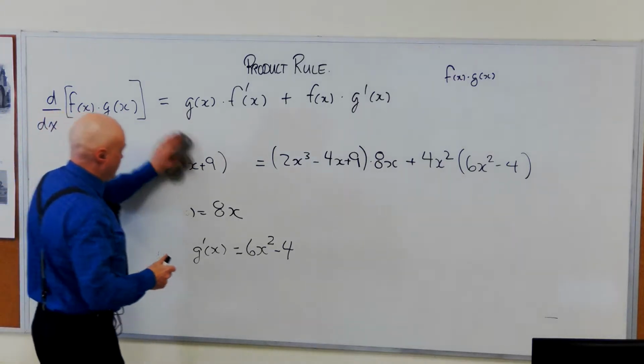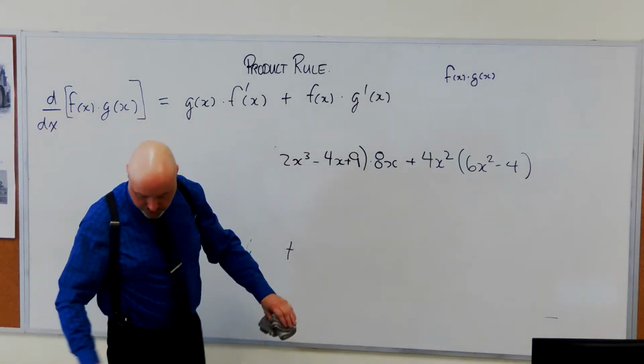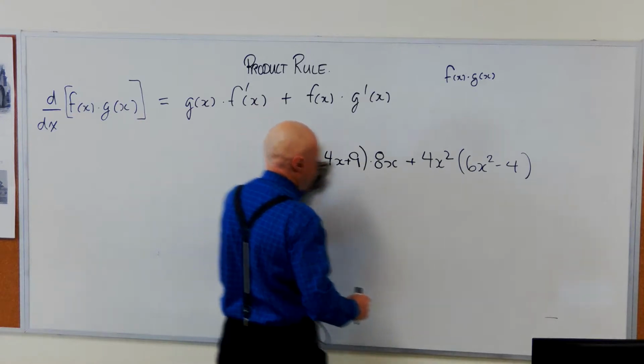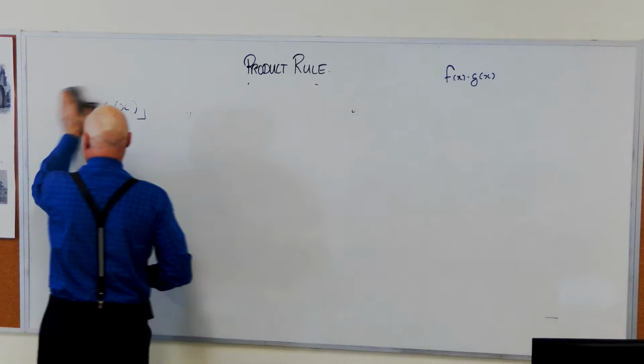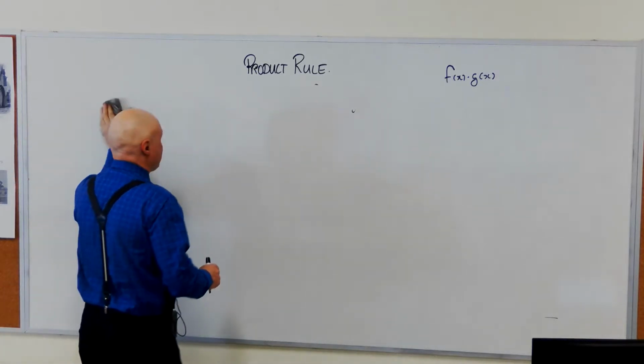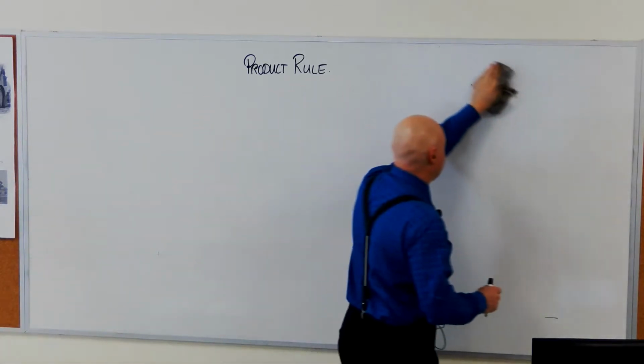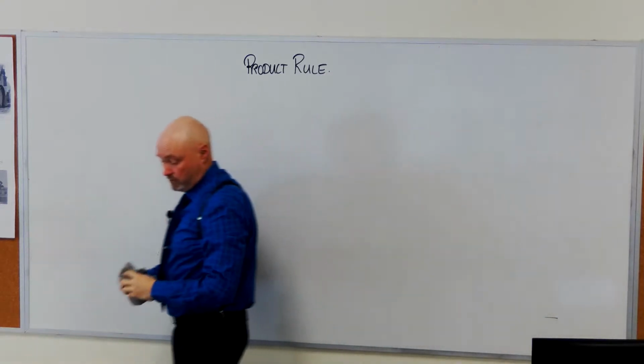Okay, let's do the derivative of 3 functions. In this case, we're going to apply the product rule a few times. And interestingly enough, we can extend this strategy to doing this for 4 functions.